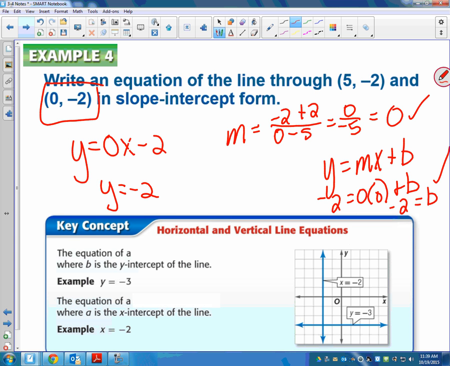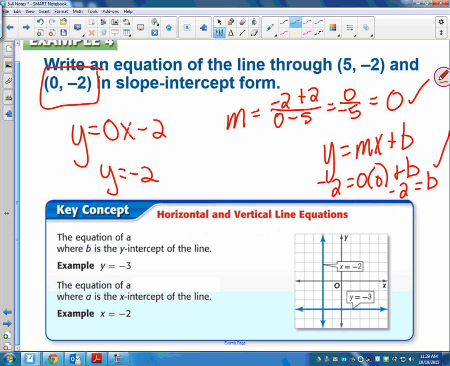I feel like this is being made a lot more complicated than it has to be. Do you remember Miss Vi stressing about vertical lines and horizontal lines and recognizing them? It's kind of a big deal. I always think it's easy, but it's not easy because it's weird, right? If it has a slope of 0 or an undefined slope, it throws people off because it doesn't fit the normal pattern. If you have a horizontal line, it has a slope of 0.